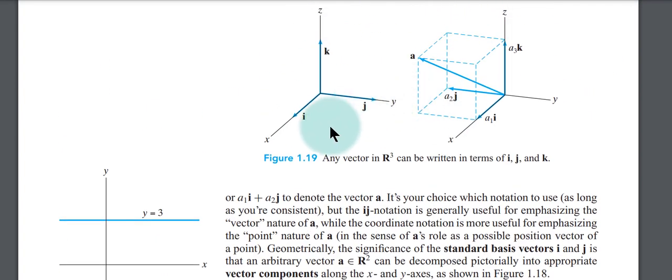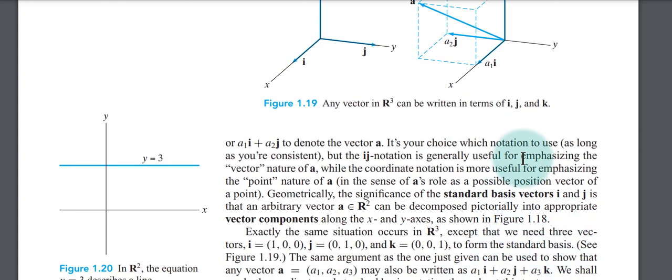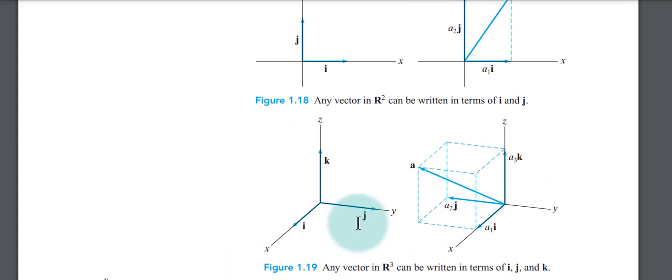So these vectors i, j, and k, we said that they're kind of special, so they have a special name. They're called the standard basis vectors. So standard basis vectors i, j, and k, or i, j. And we said that any vector, for example, any vector in R2 can be decomposed pictorially into appropriate vector components.